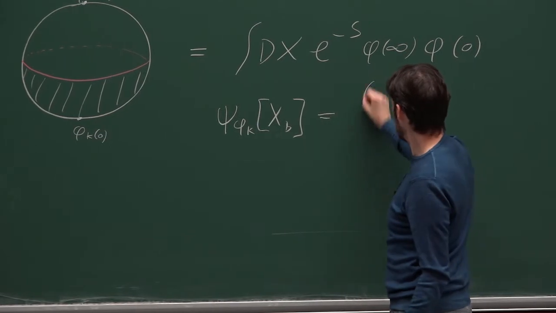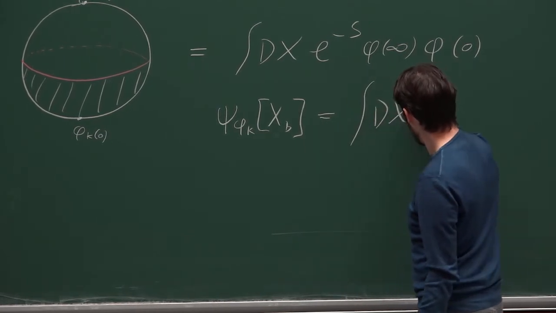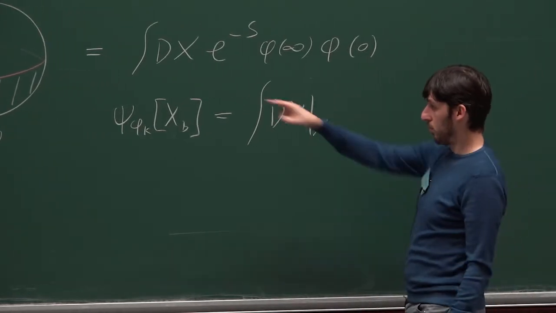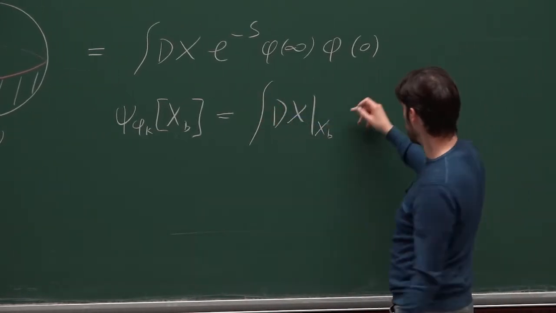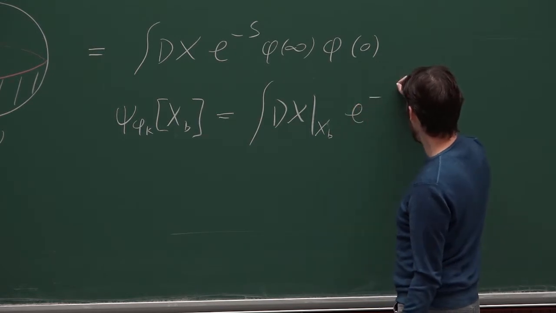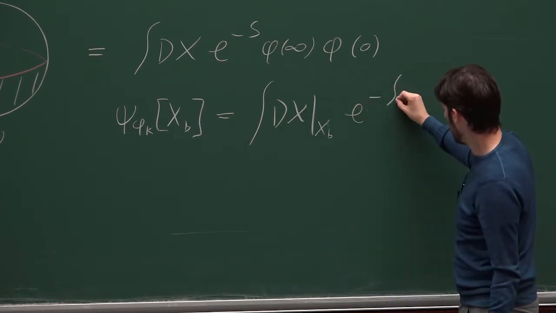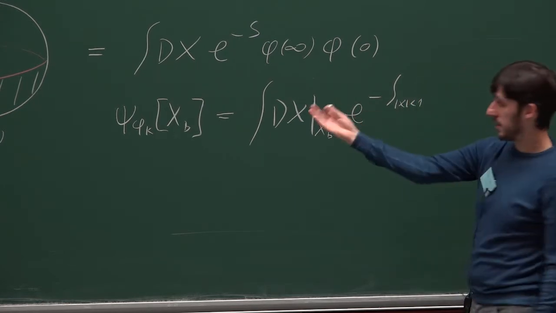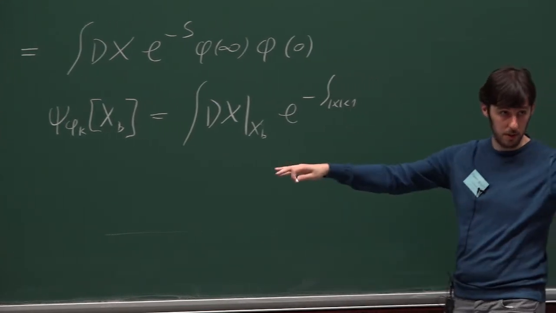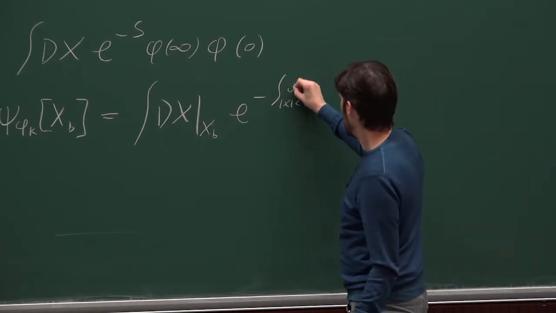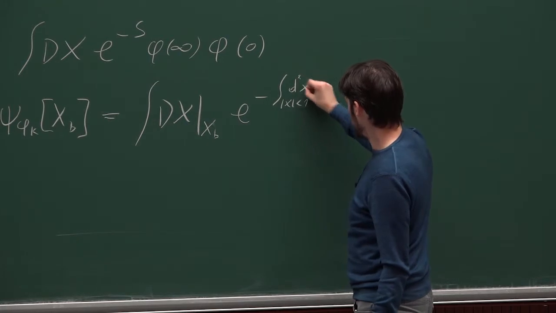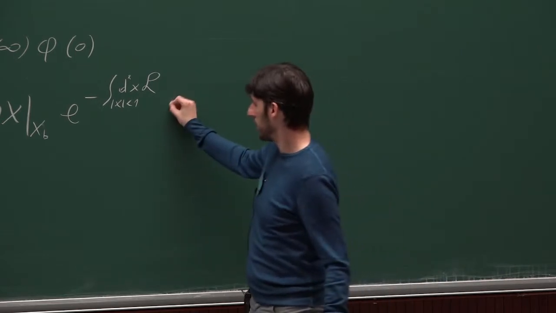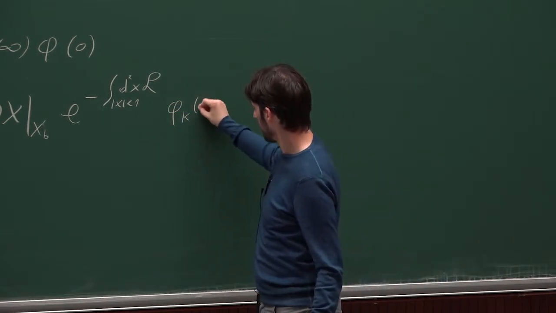And this will be just the path integration with fixed value of the boundary conditions of e to the minus S, but here let me explicitly restrict the domain of integration to this hemisphere, which is the unit disk when you map it to the plane, the x of L. And I put this operator here at 0.